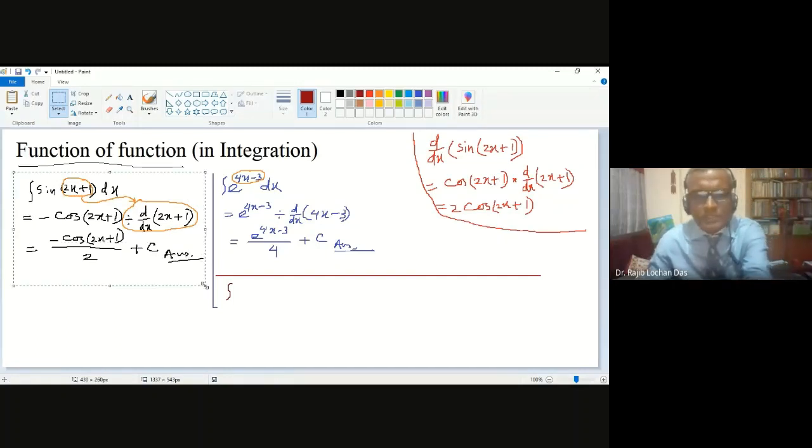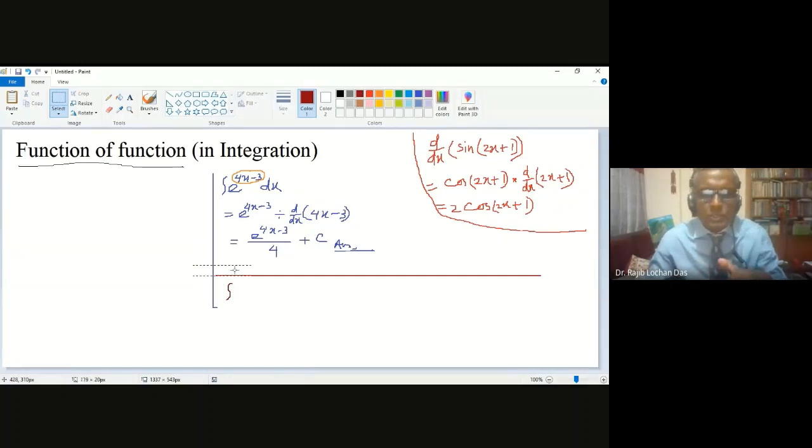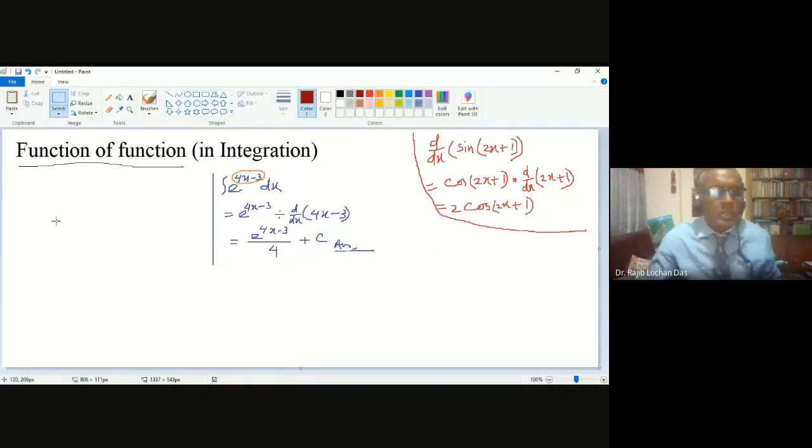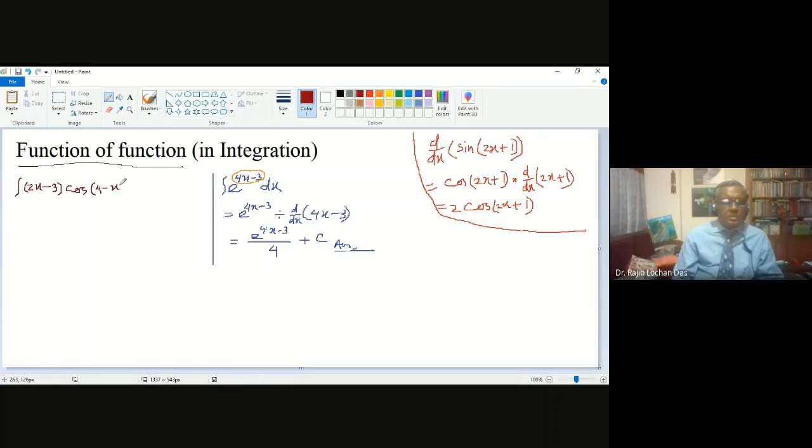Let me start from the left side so that I can get larger space. This integration problem is with the u into v formula. Say this is (2x minus 3) cos(4 minus x). This is my question.